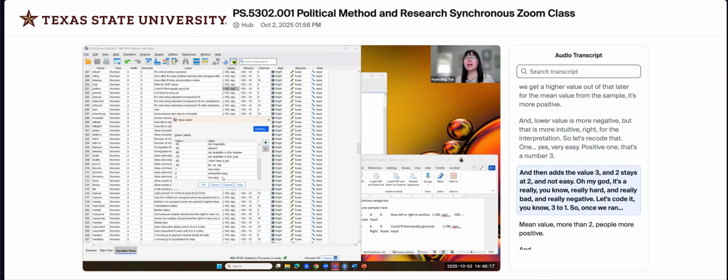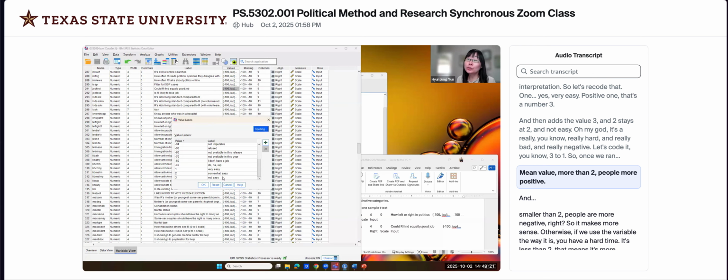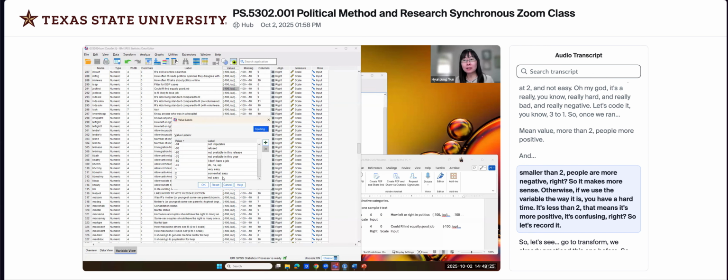So once we run the mean value, more than 2, people are more positive, and smaller than 2, people are more negative, right? So it makes more sense. Otherwise, if we use the variable the way it is, you have a hard time. Less than 2 would mean it's more positive. It's confusing, right? So let's recode it.